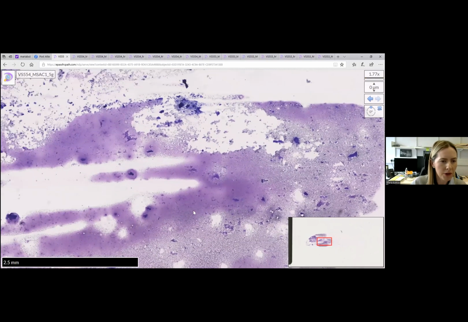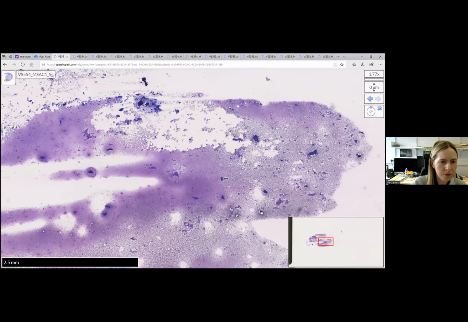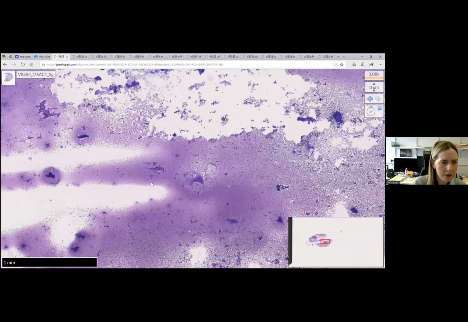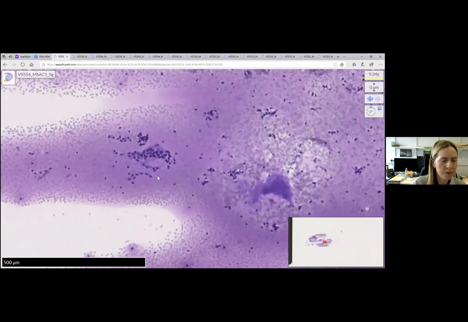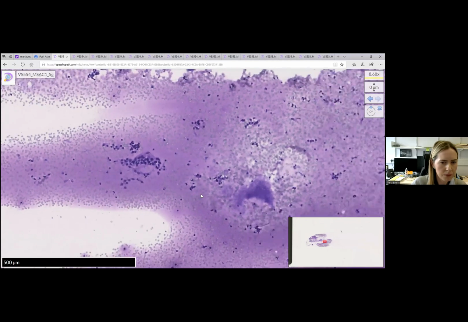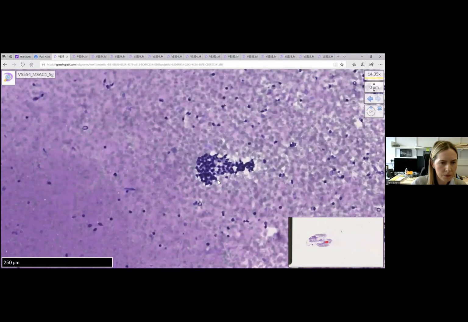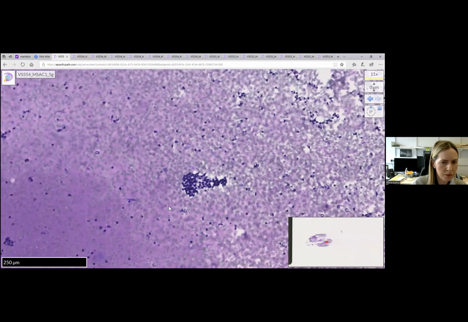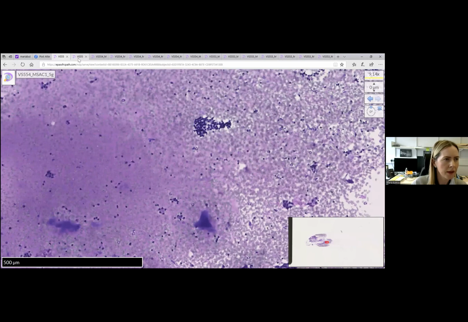So again, this is a low power view, just to assess what we're seeing here in the background, and then I'll just take you to some areas. And then the PAP.